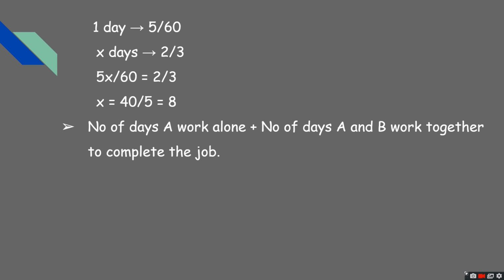By the crisscross method, 5x by 60 equals 2 by 3, x equals 40 by 5, that equals 8 days. Now, to calculate the number of days to complete the job, we sum the number of days A worked alone and the number of days A and B worked together. That implies 10 plus 8, which gives 18 days.